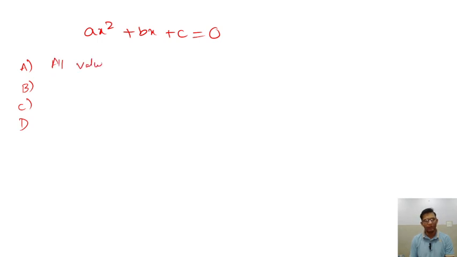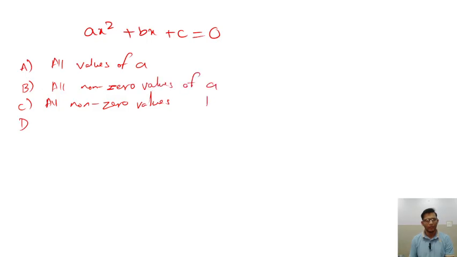All values of a, all non-zero values of a, or b or c. This is a very easy question. You must take all non-zero values of a, because I told you earlier if a becomes 0 it will not be a quadratic. So the correct option is the one with all non-zero values of a. Let's move to the next slide.